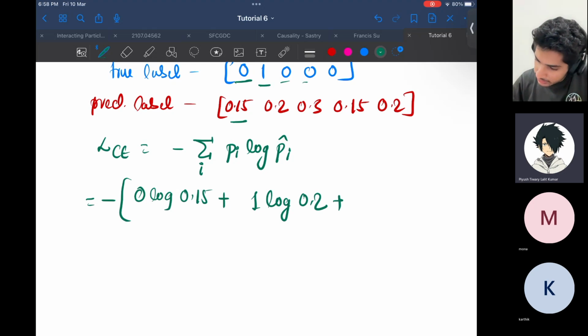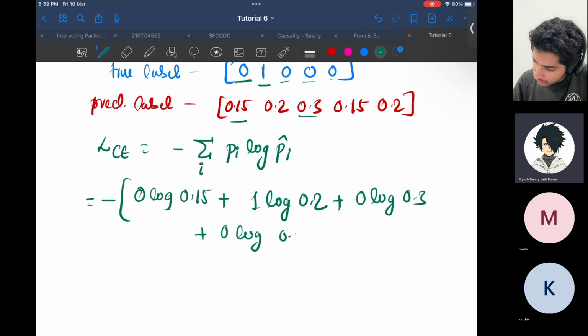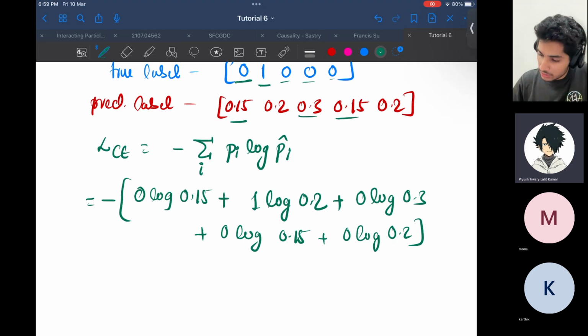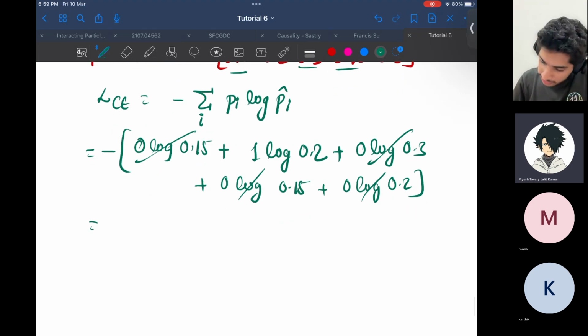The others are also zero, so 0 log 0.3, plus 0 log 0.15, plus 0 log 0.2. I hope you agree that the terms multiplied by 0 are just 0, so they will not matter to us. This will go out. So what is the final thing?